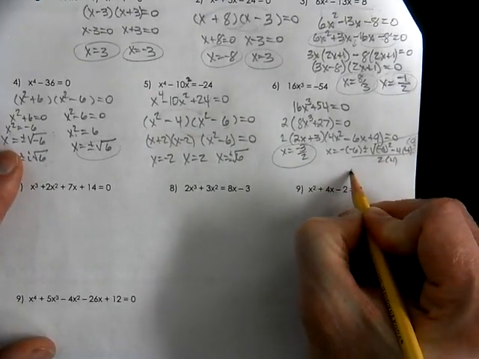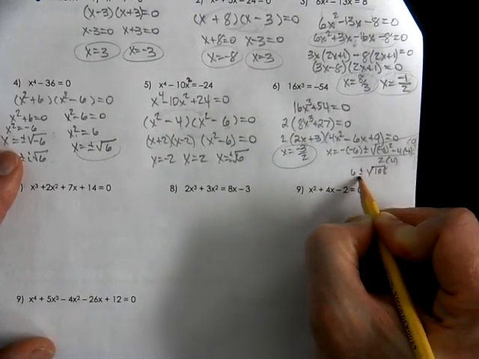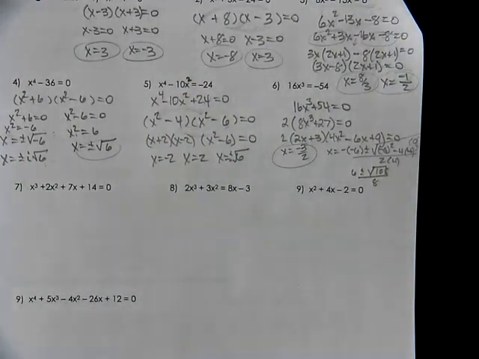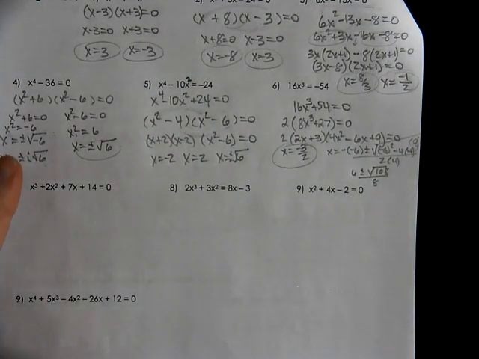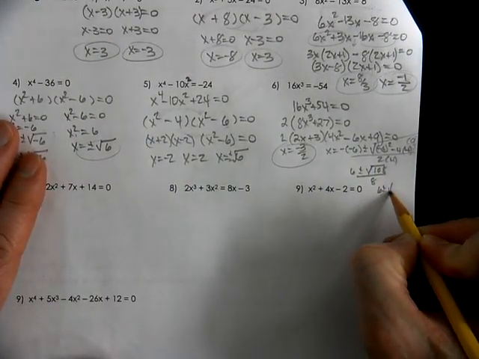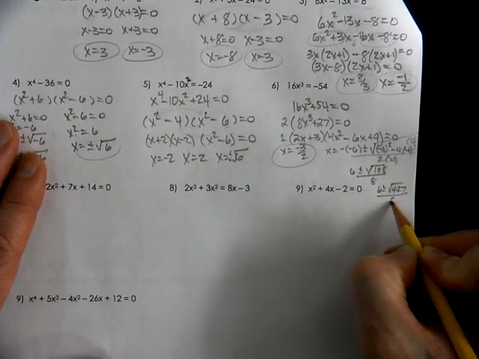So I believe this comes out to be 6 plus or minus the square root of 108 over 8. So I believe that comes out to be 4 times 27.